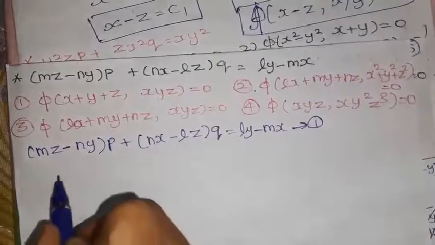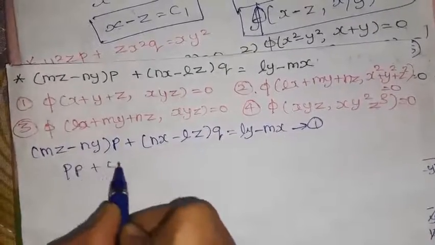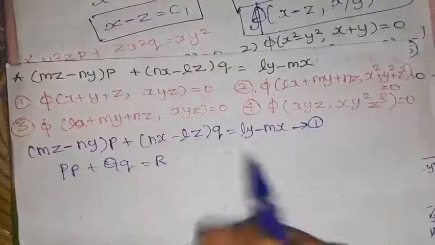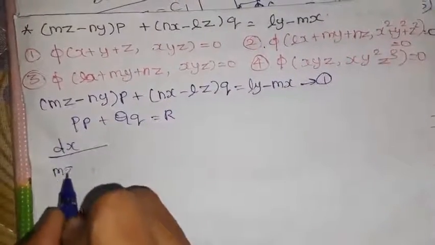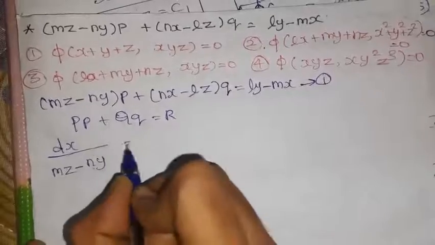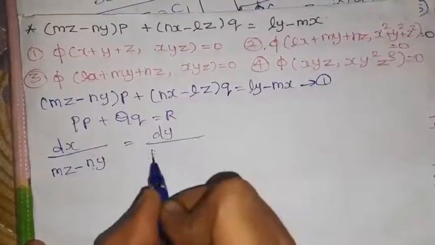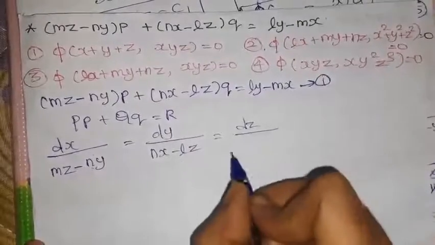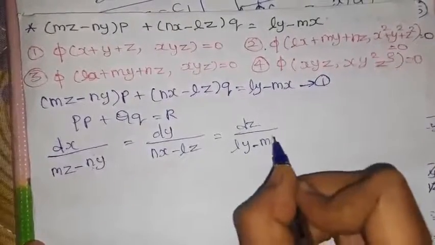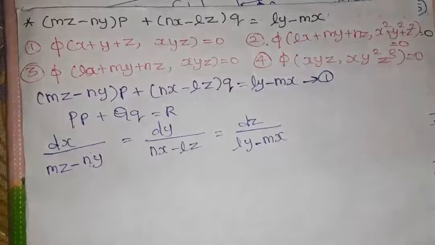This is of the form Pp plus Qq equal to R. Then the auxiliary equation is dx by mz minus ny equal to dy by nx minus lz equal to dz by ly minus mx. See whether it gets cancelled.